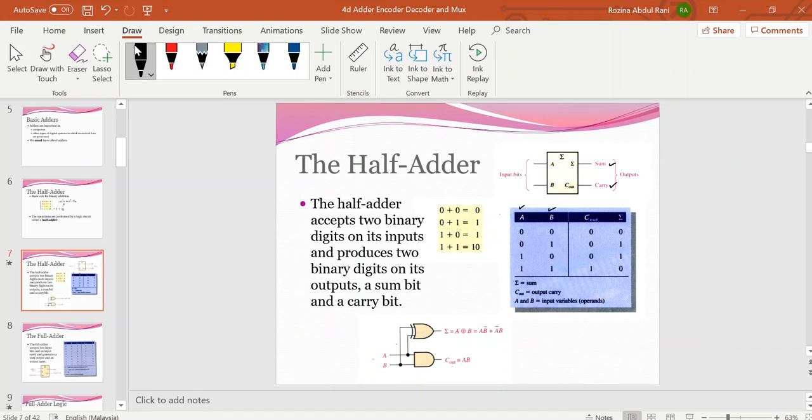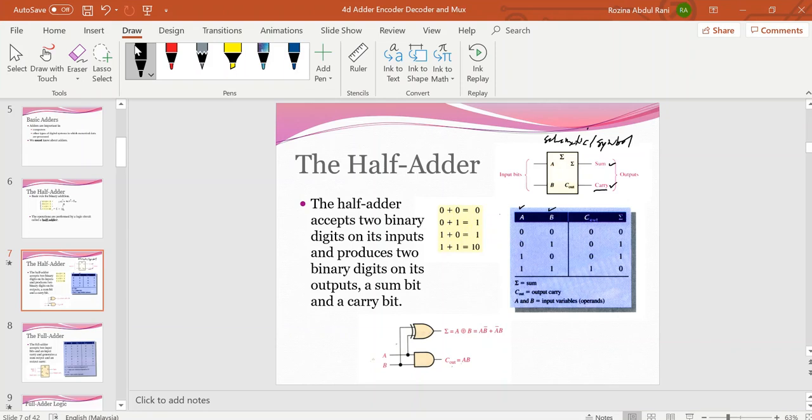This is the schematic diagram or symbol for the half adder circuit. The carry signal represents an overflow into the next digit of a multi-digit addition.